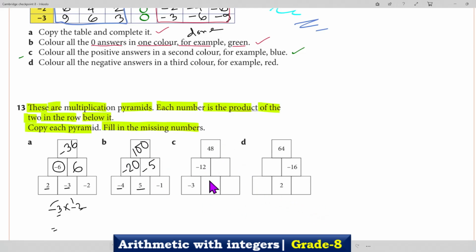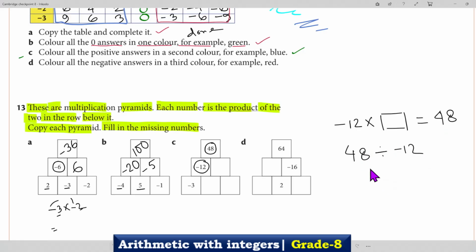What about in here? Here already given answer 48 and here is -12. Look, it means -12 times, here is a blank and answer will be 48. If you know the family fact, it's very simple. It means 48 divide -12.